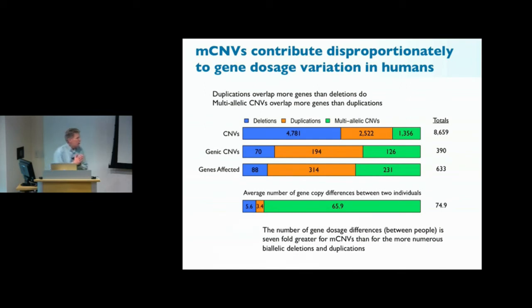Moreover, when you think about how the gene dosage differs between different people, and by gene dosage here we mean how many copies of the gene each individual has, we found that on average, if you take 2 people from this room, you probably have different copy numbers of at least 75 genes between any 2 people in this room. And the vast majority of that difference is driven at these sites of multi-allelic copy number variation. It's not driven by simple deletions and duplications.